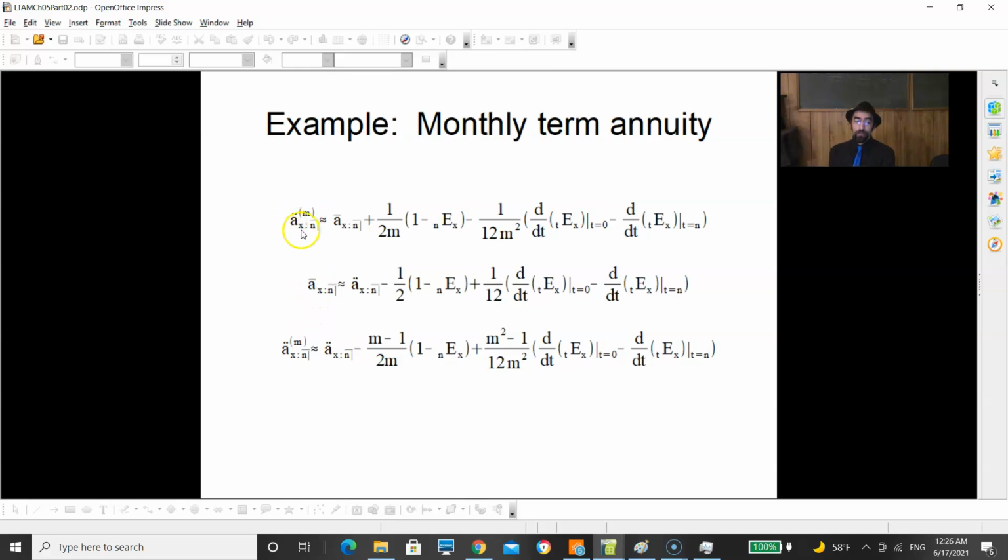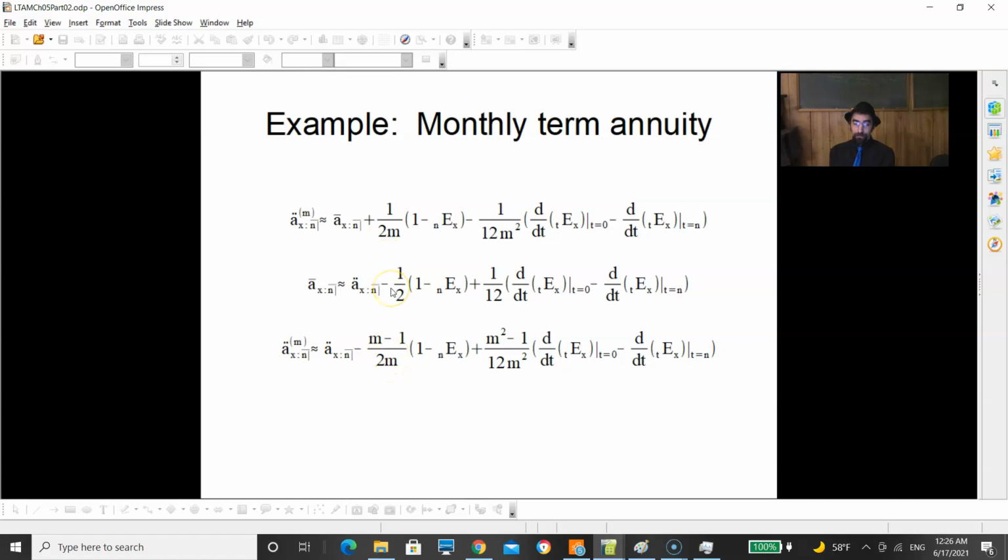Then, if we don't want the super m's, we just don't have the m's down here. We're setting m equals 1. And since both of these have the continuous version in them, we can just substitute directly in. And when we crunch our numbers together, we get this formula. A double dot super m x colon angle n is approximately a double dot x colon angle n minus m minus 1 over 2m, right?